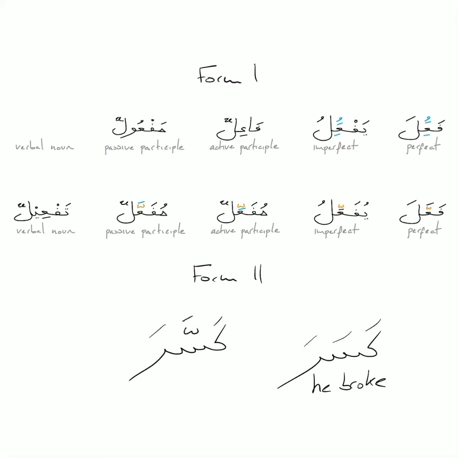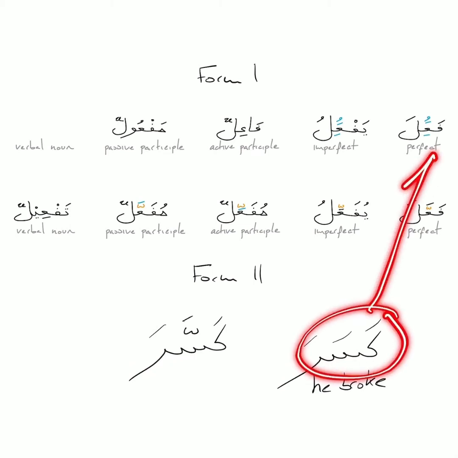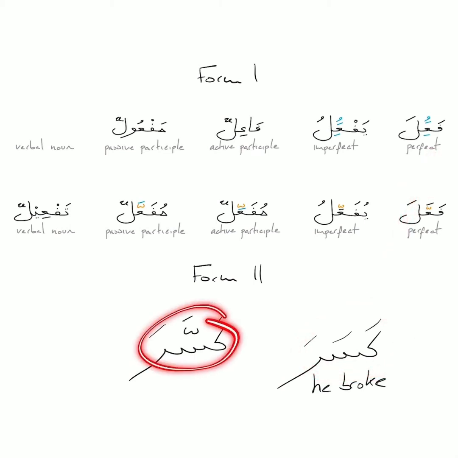You notice the shadda, which tells us that it belongs on form 2. Yeah, these are both perfect tense verbs. The only difference is this is created from form 1 and this is created from the form 2 scale, yeah? So the only difference in meaning is that this means he broke, whereas kassara means he shattered.